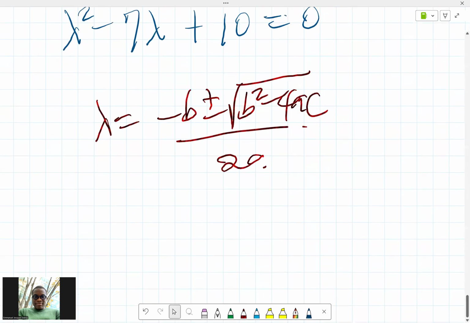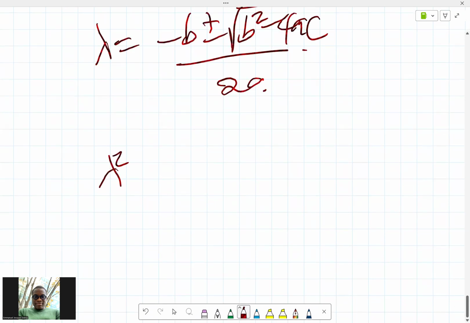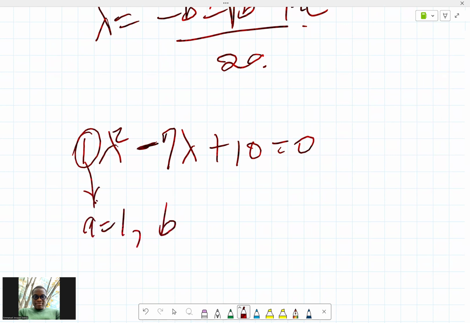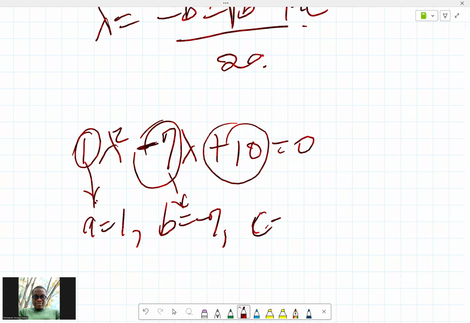Following from lambda squared minus 7 lambda plus 10 equals 0, the coefficient of lambda squared is our a, so a is 1. b is the coefficient of lambda, that is minus 7. And lastly, c is the constant, that is 10.